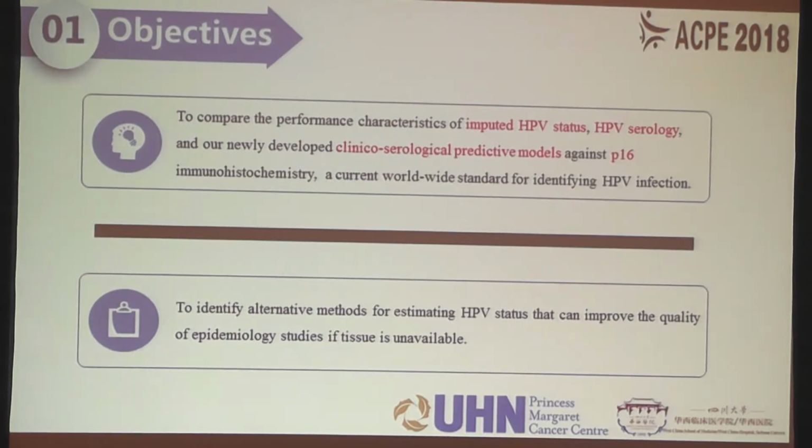This is the current worldwide standard for identifying HPV infection. And the second objective is to identify some alternative methods for estimating HPV status that can improve the quality of epidemiology studies if tissue is unavailable.